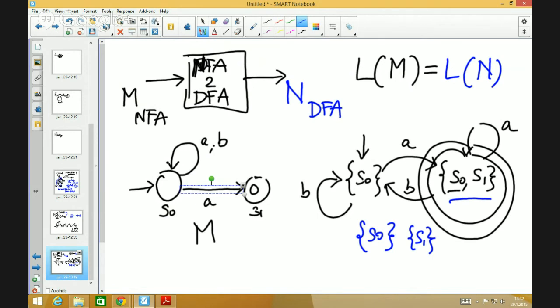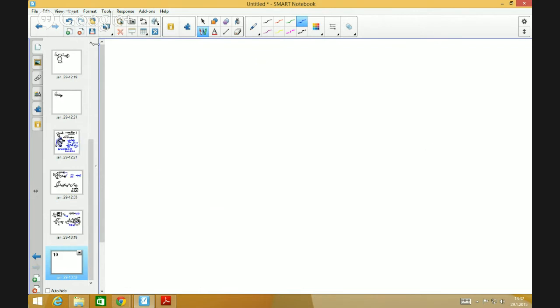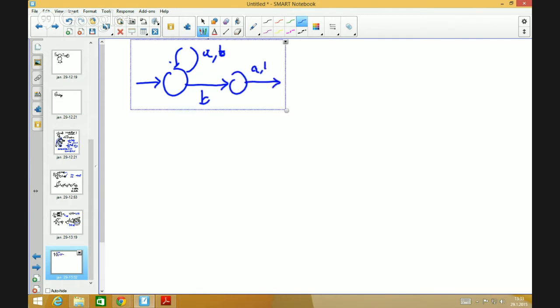So let's look at another example before we actually do the construction in general. I will not make it particularly big, because otherwise we are really exponentially big.